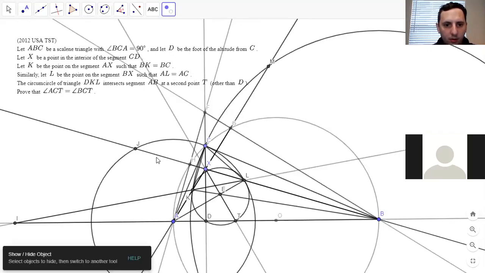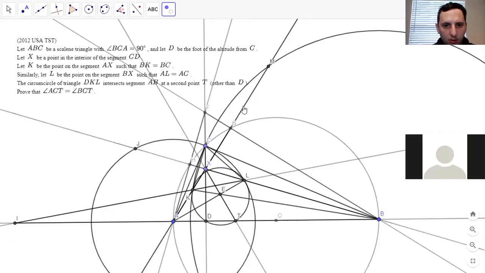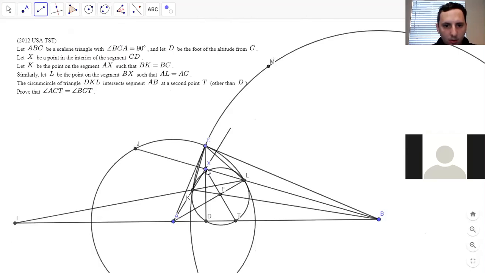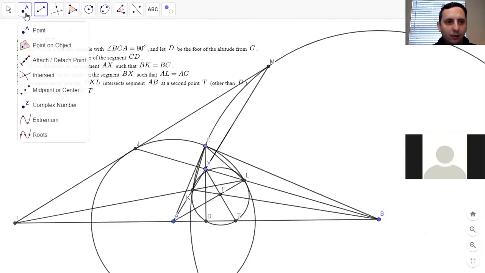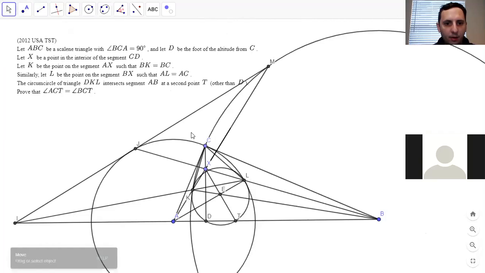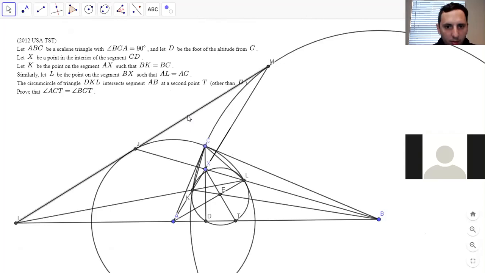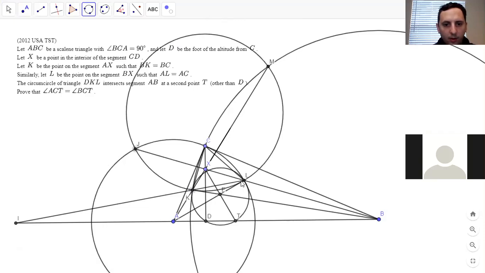All right. And then I wonder if J, M, and I are collinear. Ah, looks like it. Or is that tangent? No, I don't think they're tangent to the circle. But it's interesting that they're collinear with I. Draw the circle JKLM.